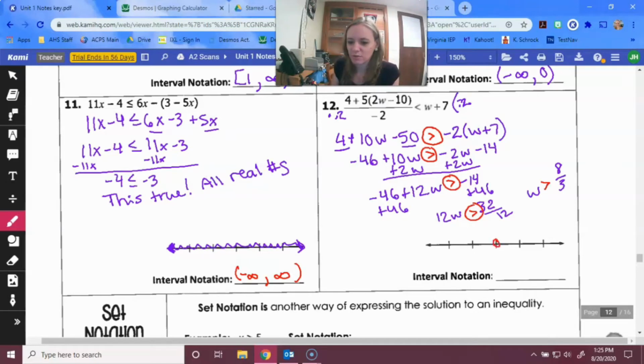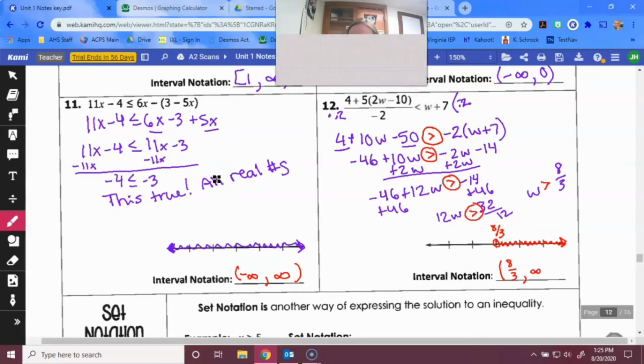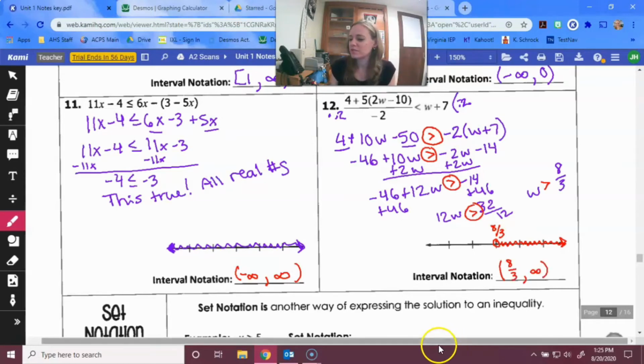So open circle for 8/3. W is greater than it, so we shade this way. Starting our interval notation, we have an open circle, so that's a parenthesis, 8/3, and then it continues to positive infinity. Alright, hopefully you did pretty well.